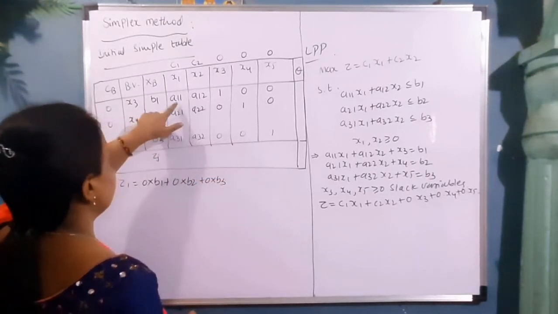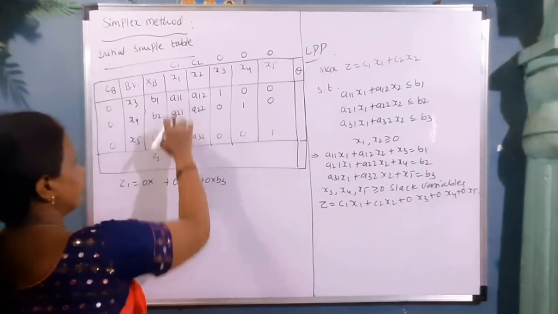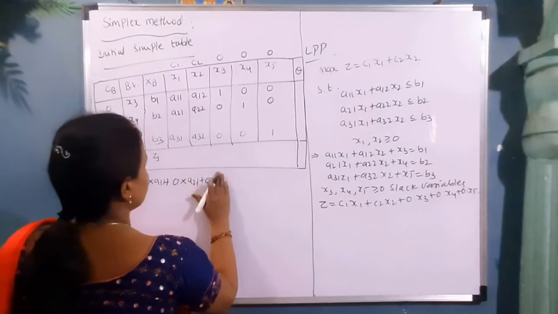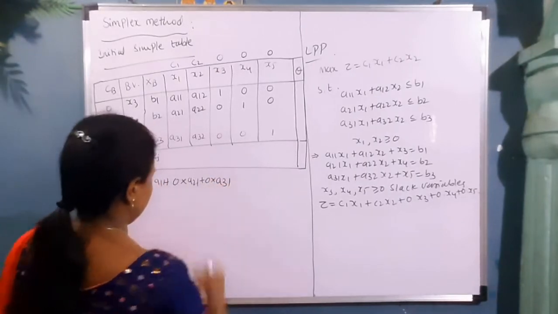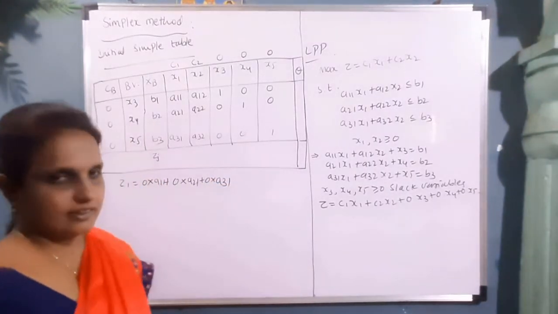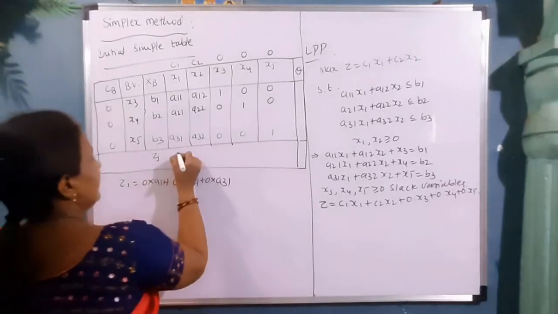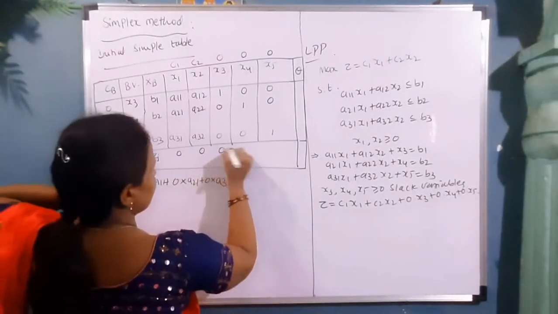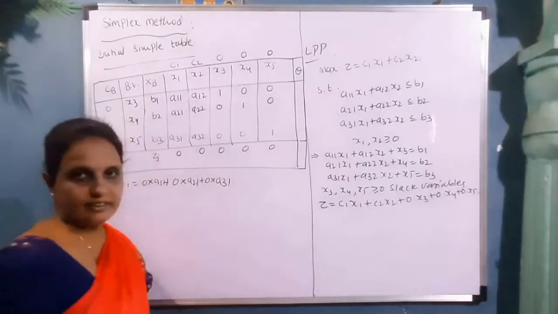Then for a11, we take a11, a21, a31 in this manner. Here all are zeros, so we get 0, 0, 0, 0, 0.